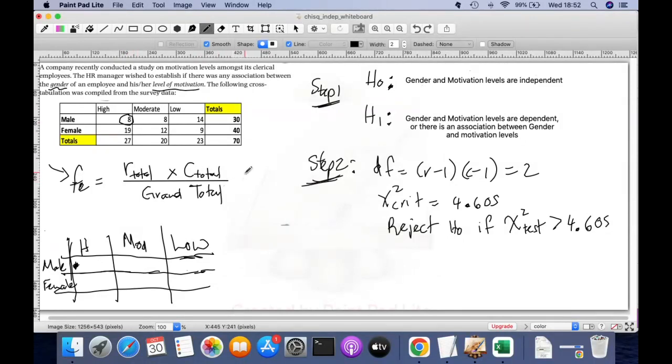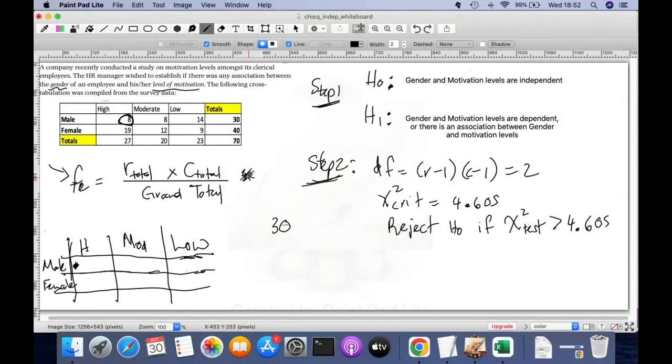I'm going to use this formula to get the expected frequency. If you travel along the row, the row total for males is 30.